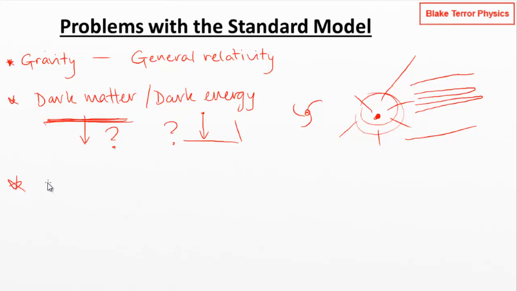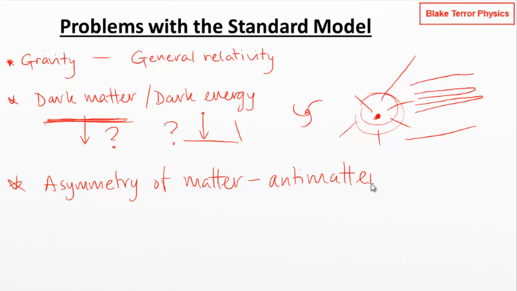The third one that I'm going to mention is the asymmetry of matter and antimatter. You would have heard me mentioning symmetry quite a lot all the way through this. So much of the standard model is based around these ideas of symmetry, and we've got all of these fundamental particles, and we know that we've got the particles and the associated antiparticles.